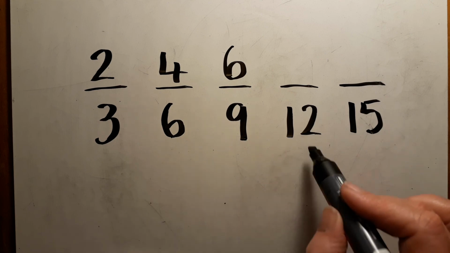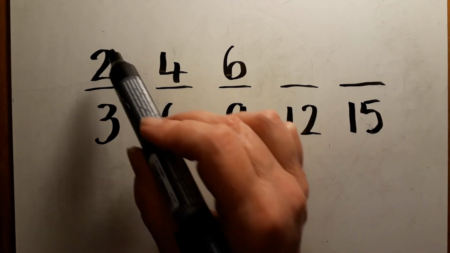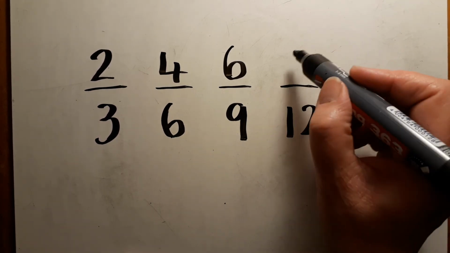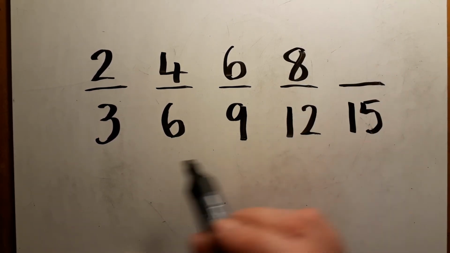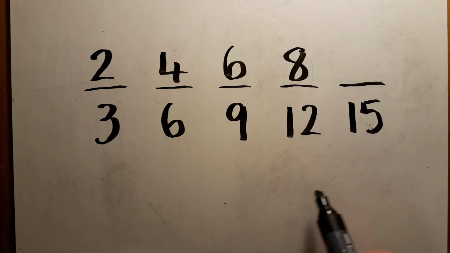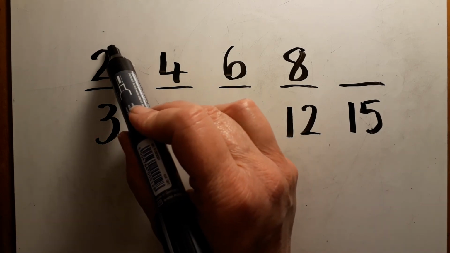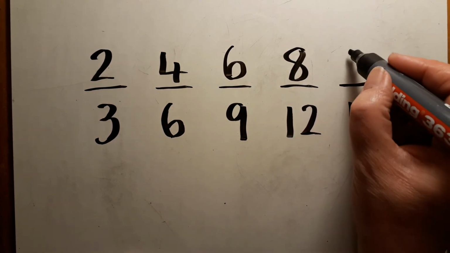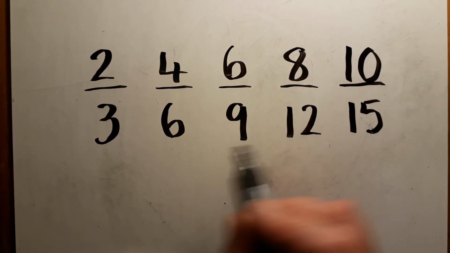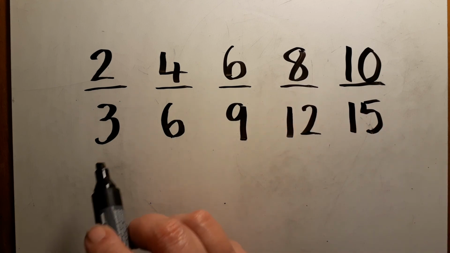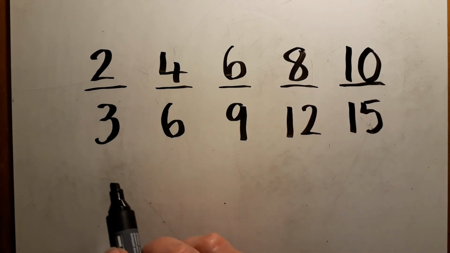Here we did 4 times 3 is 12, so here we're going to do 4 times 2 is 8, and here we're doing 3 times 5 is 15, so here we're going to do 2 times 5 is 10. So all of those fractions are equivalent to 2/3.